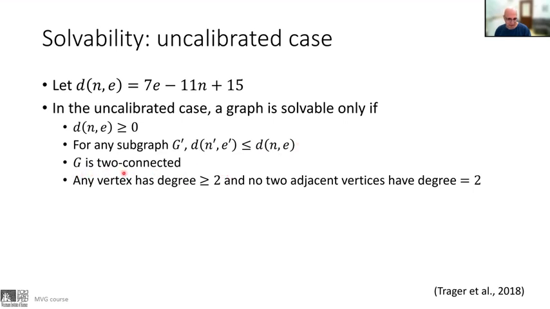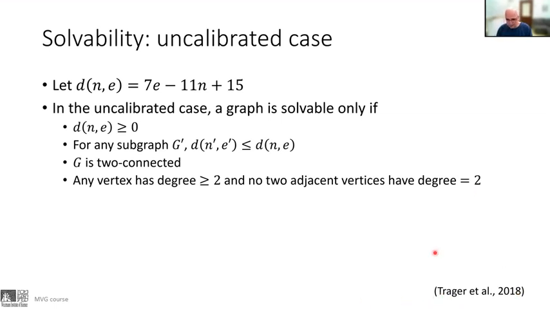Also, we require G to be 2 connected, which means that if I take out one node, then the graph is still connected. And any vertex has degree at least 2, and no 2 adjacent vertices have degree exactly 2. So these are all conditions.